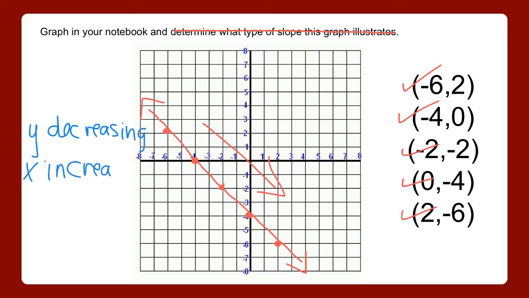If you look down our y-coordinate side, this is getting smaller, smaller, smaller, smaller, but our x-coordinate is getting bigger, bigger, bigger, bigger. When you have it opposite like that, you're going to end up with a negative slope.